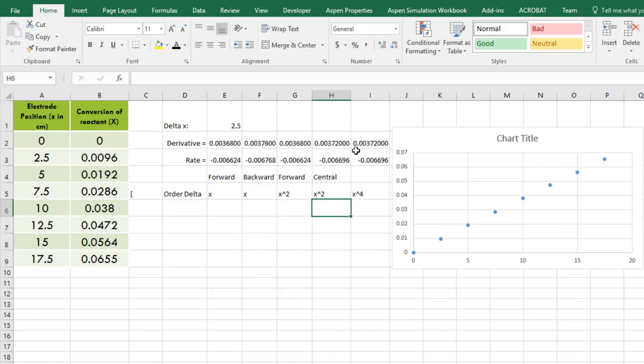Okay, and we are seeing that we're not getting a lot of change in there.